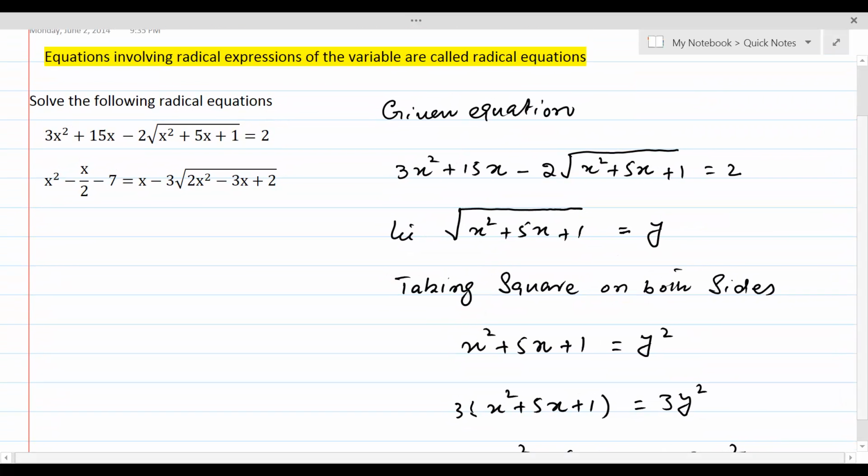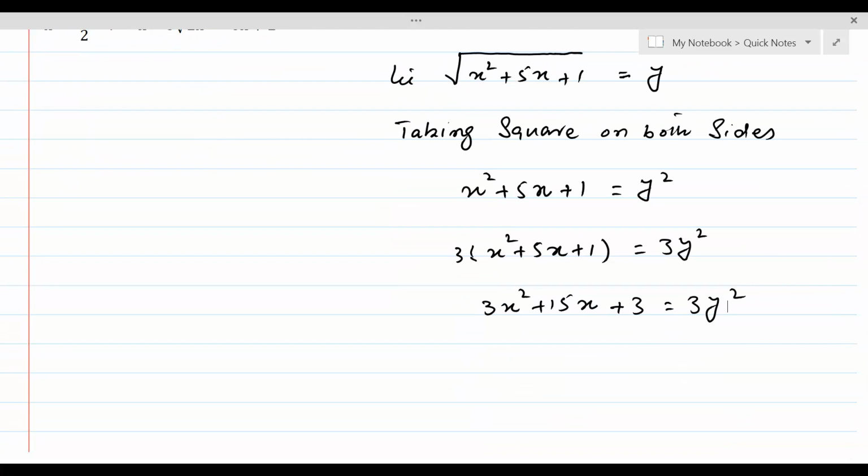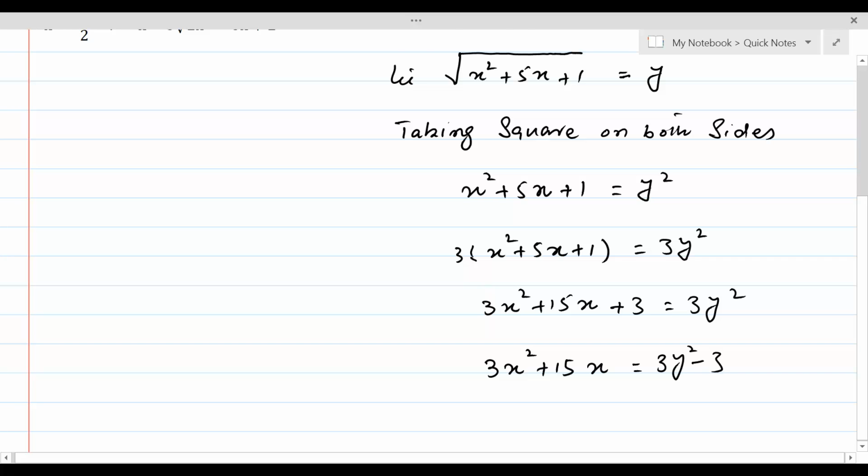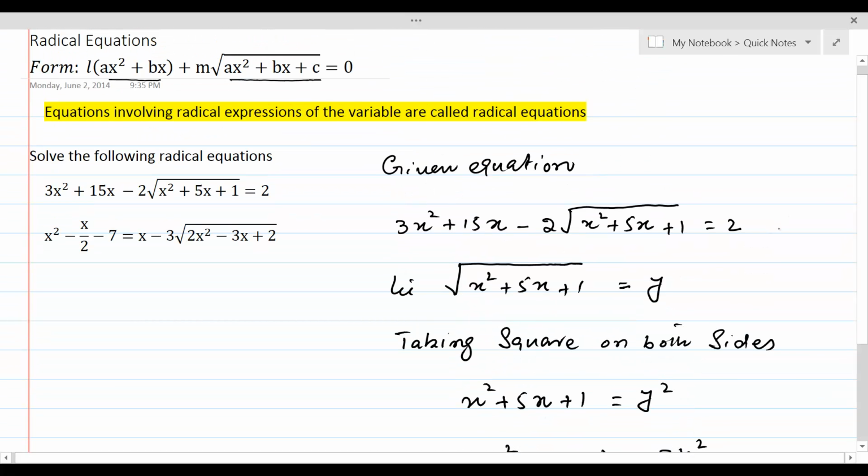Since in the equation we only have 3x squared plus 15x, the constant term plus 3 must be moved to the other side. 3x squared plus 15x equal to 3y squared minus 3. Let us substitute these values in equation number 1.